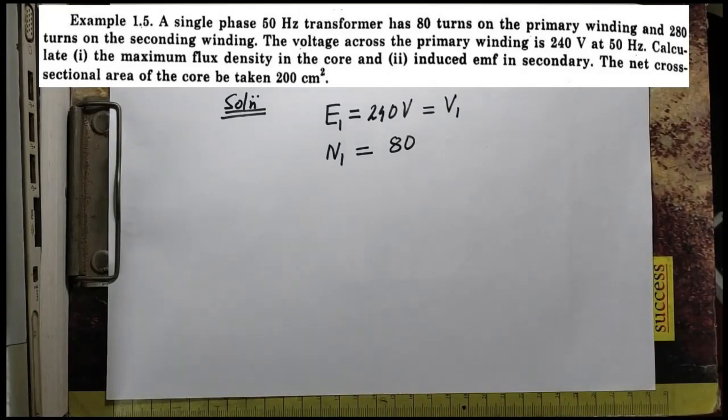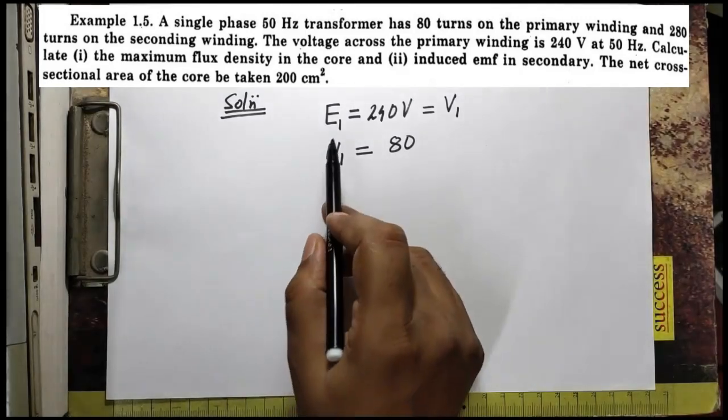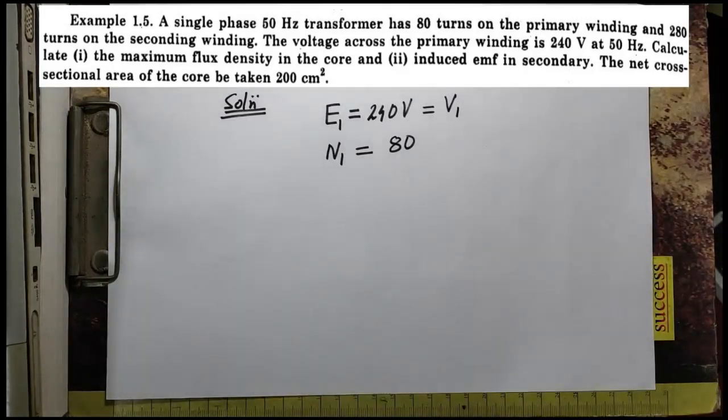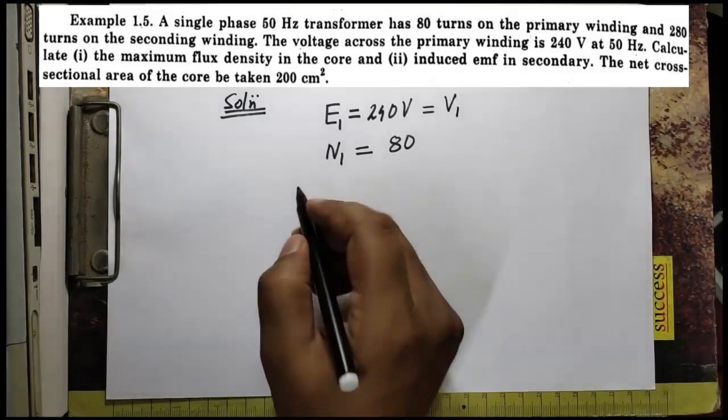Now we will first find the maximum value of flux in the core, that is phi max. In the numerical these two are given, and we need to find the peak value. Using the EMF equation, what is the EMF equation?